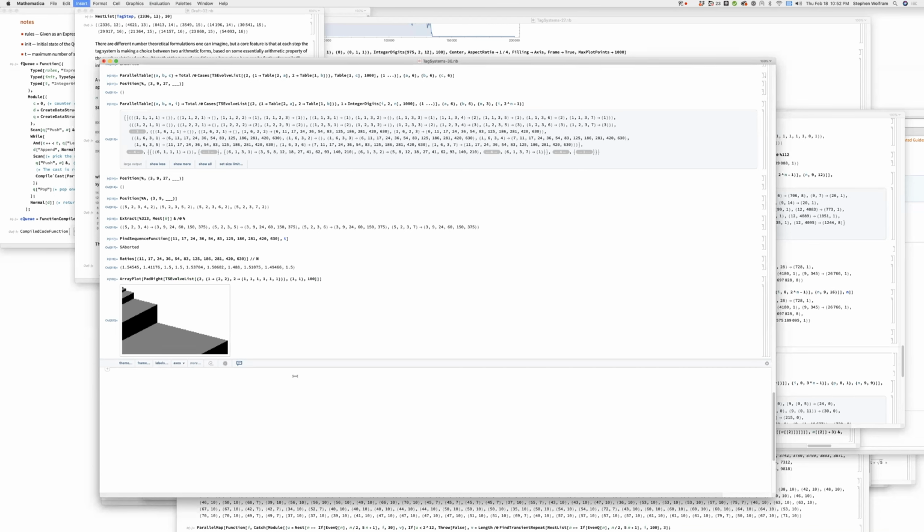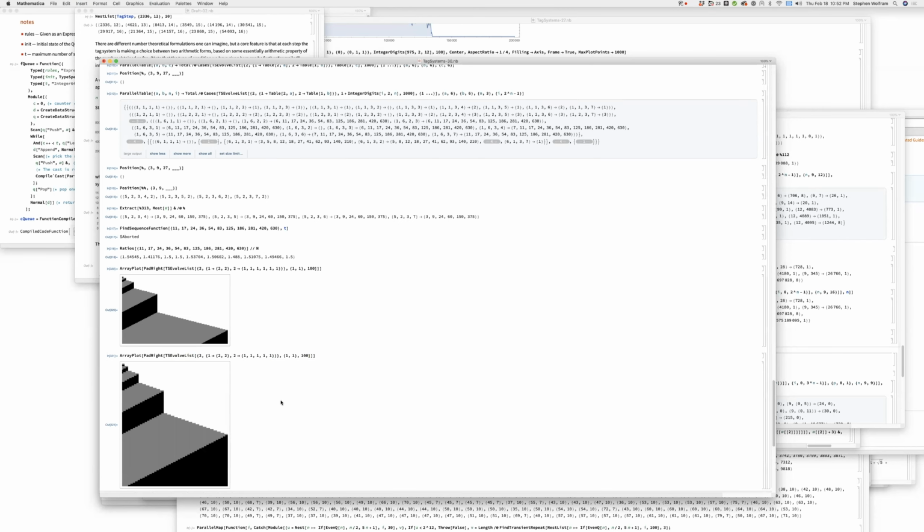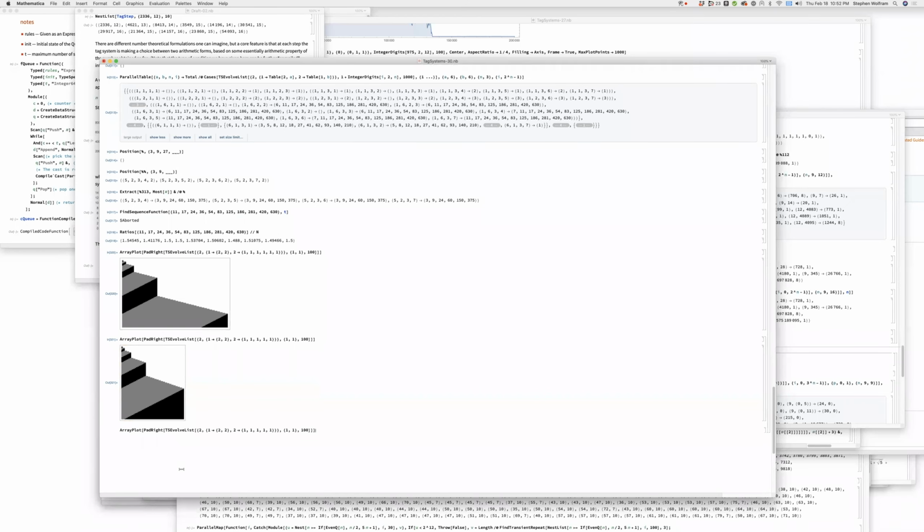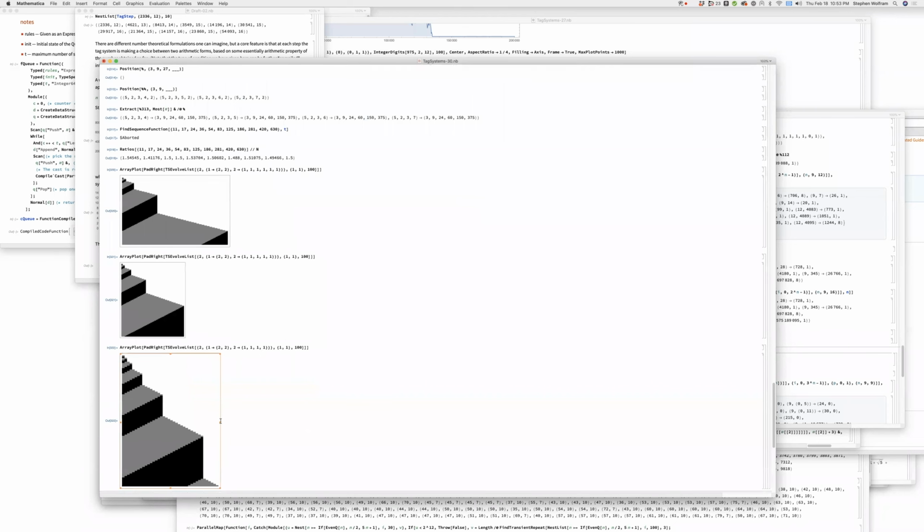So by the way, we do it with 5. And 4 gives us powers of 2.